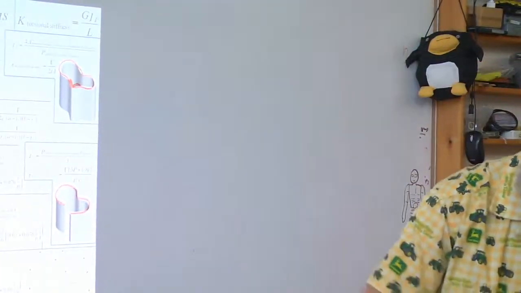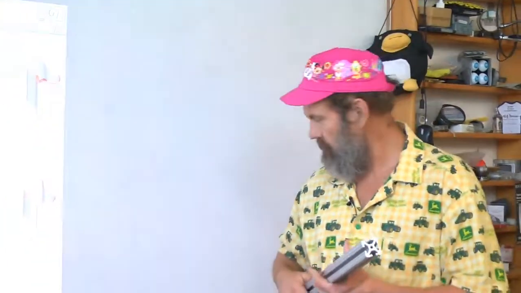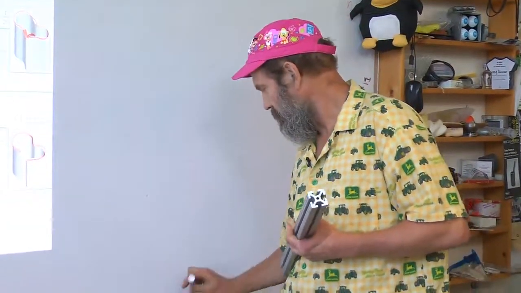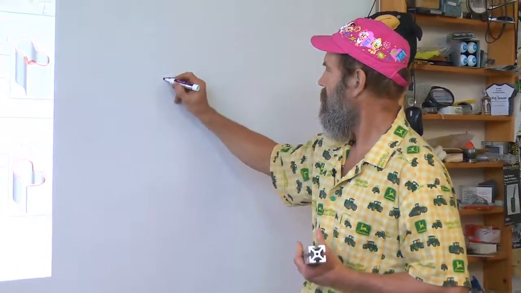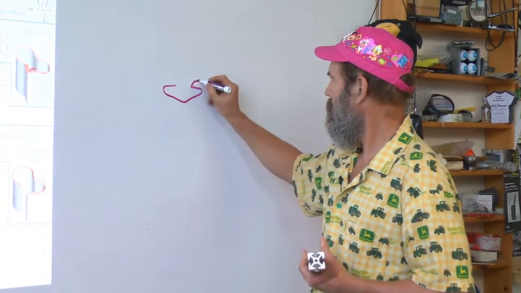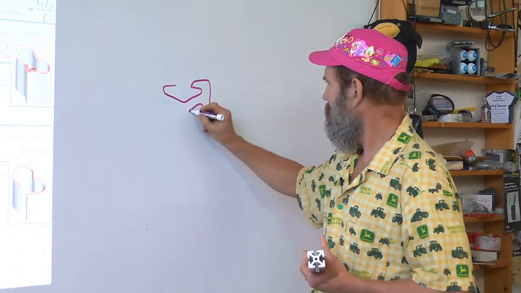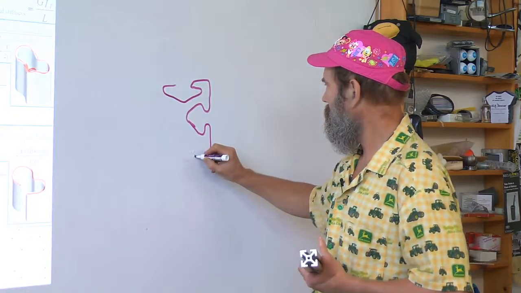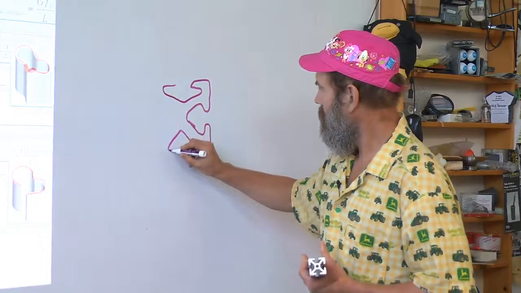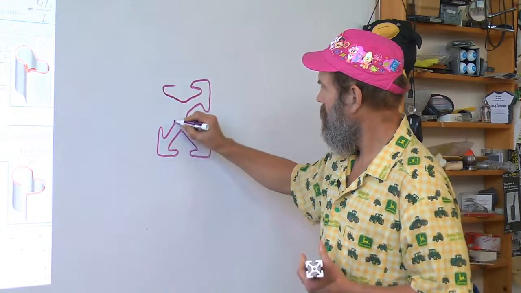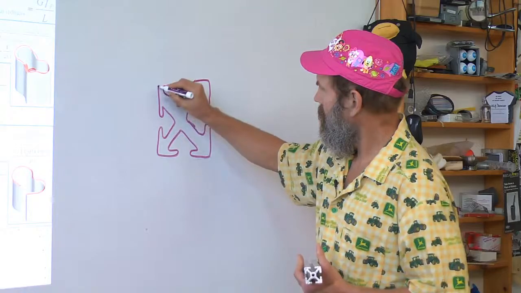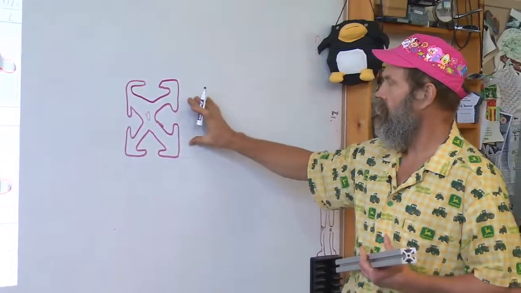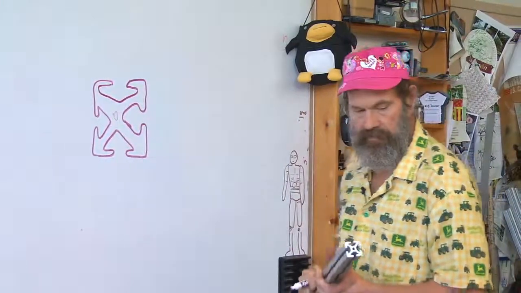So when I look at this type of modular structure, and I want to build a machine from this stuff, how would I make this thing torsionally stiff?